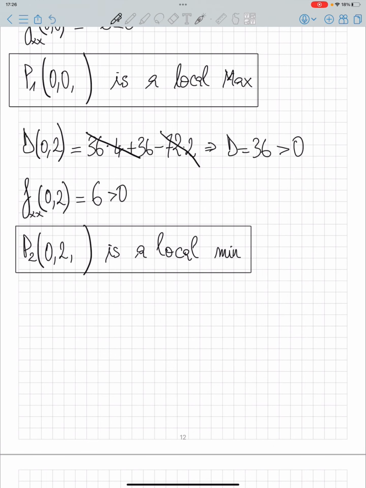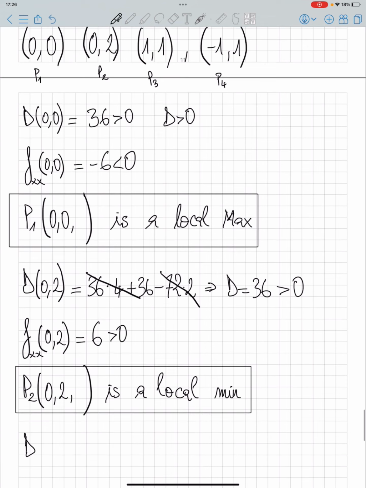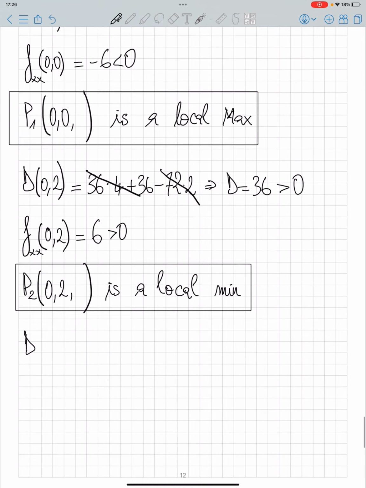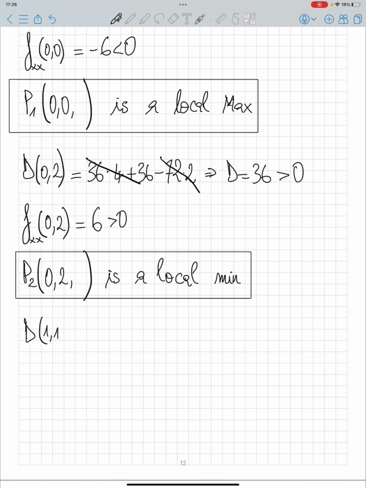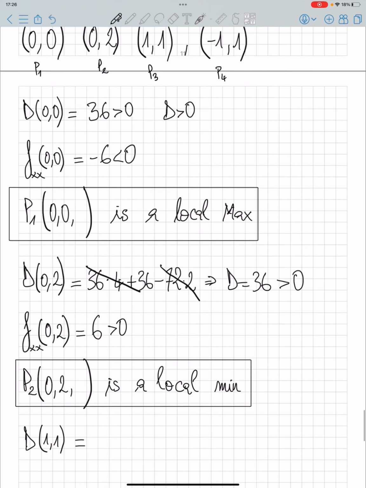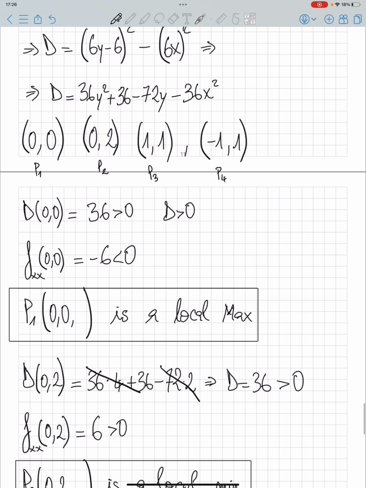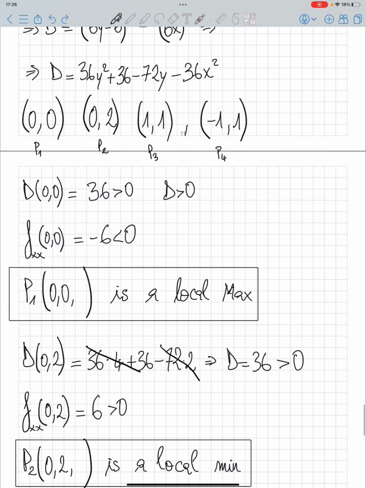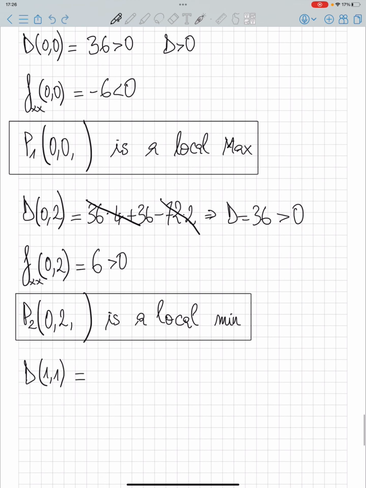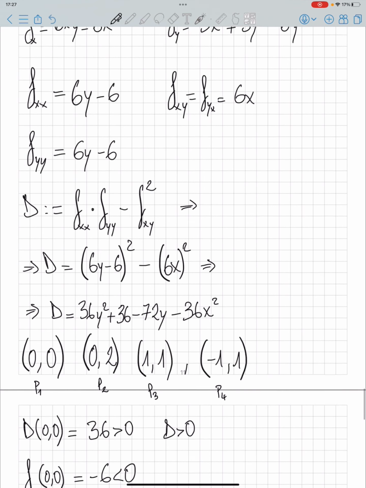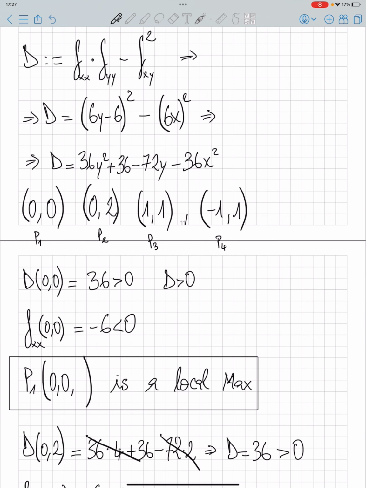Now we need to do the same for the third point, which is 1, 1, right? So we have D(1, 1), substituting 1, 1 in our D. So D(1, 1) is equal to 36 plus 36 minus 72 minus 36, right?